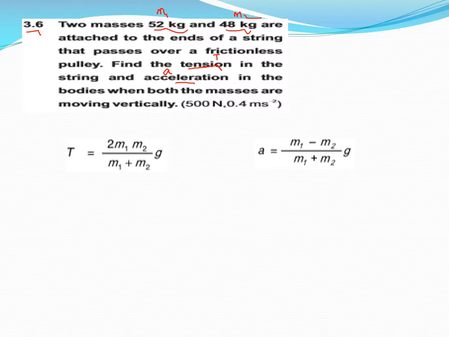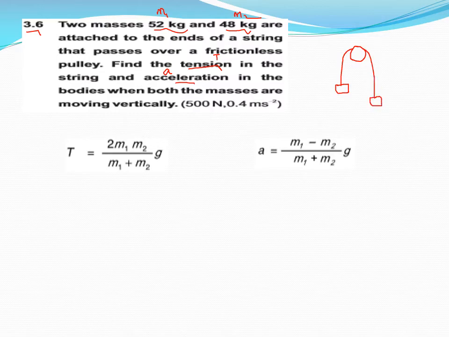So here, if I make them more visible, suppose this is the pulley, and two bodies are attached with the rope at the ends. This is the setup.